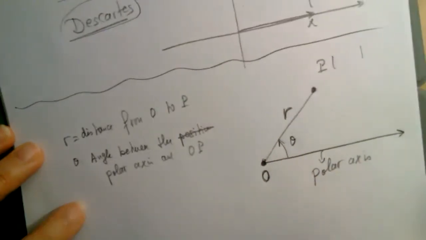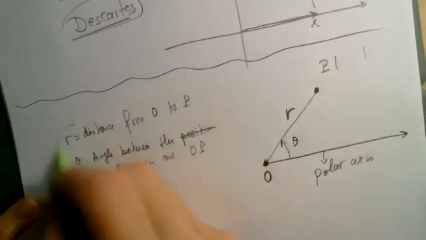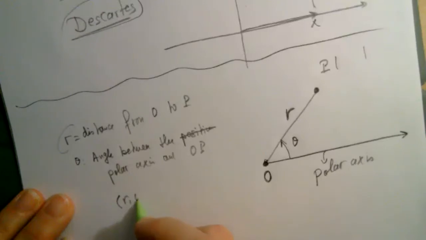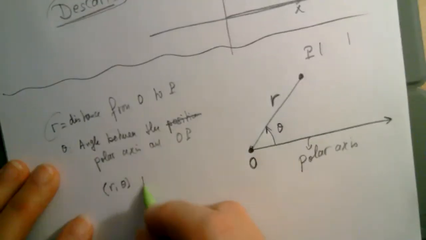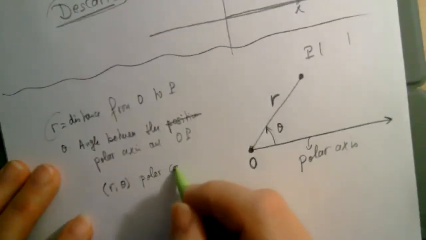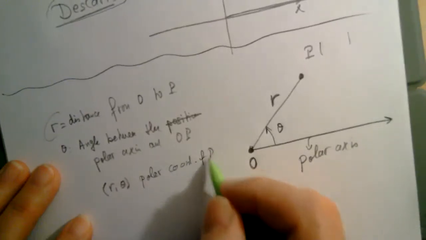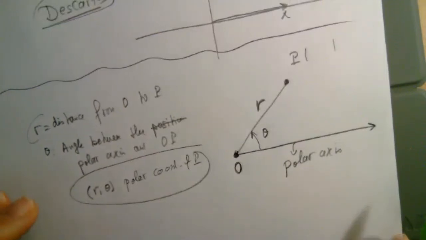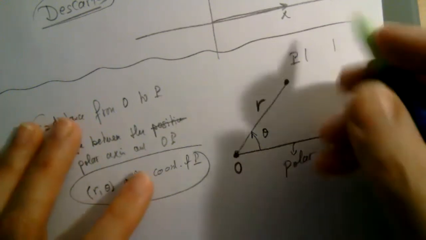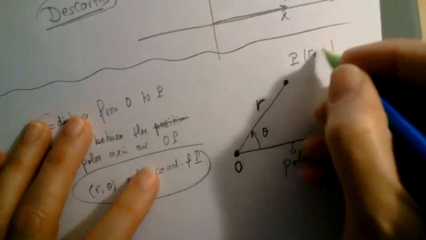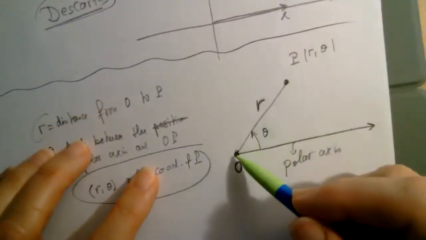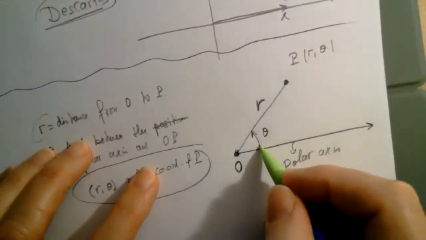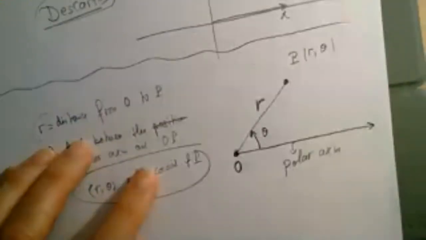The pair r, theta is called the polar coordinate of the point P. It's really a different way to locate a point in the plane, and polar coordinates are useful in a lot of scenarios. So here I will write r, theta. r is the distance from O to P, and theta is the angle between the positive x-axis and OP.